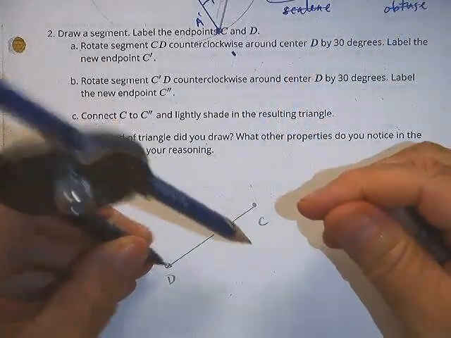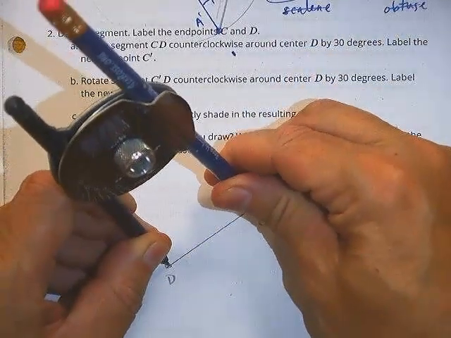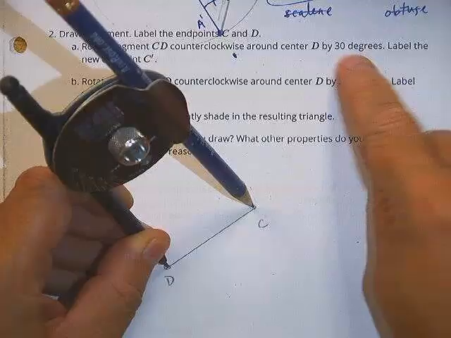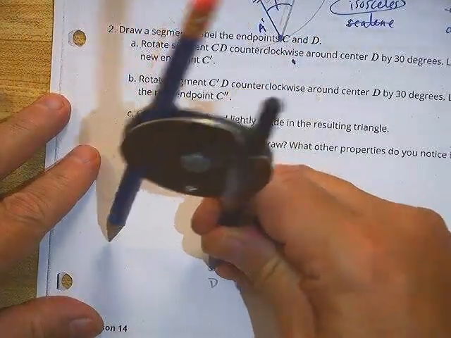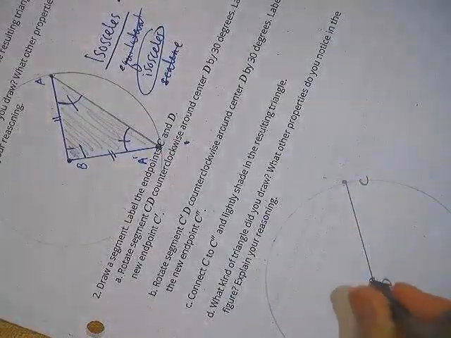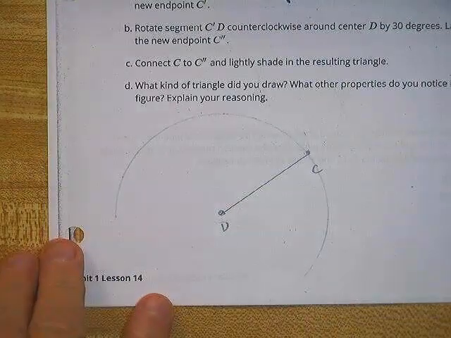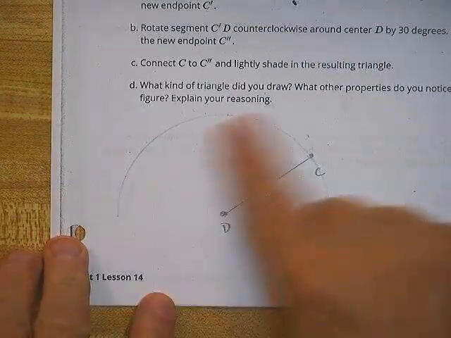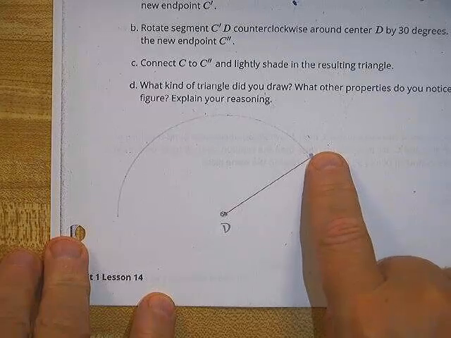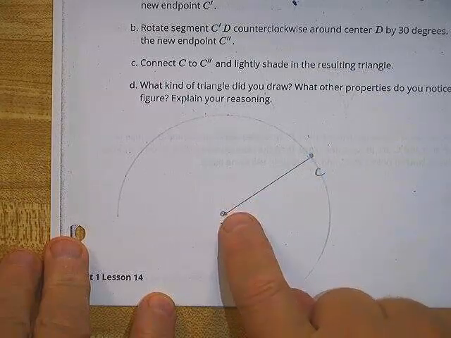Alright, so like the previous problem, we need to draw a circle. It's asking to rotate around point D, so that means D is going to be the center, and the circle itself needs to go through point C. So that's our first step, drawing the circle through the point we're rotating, and making sure that the other point is the center.